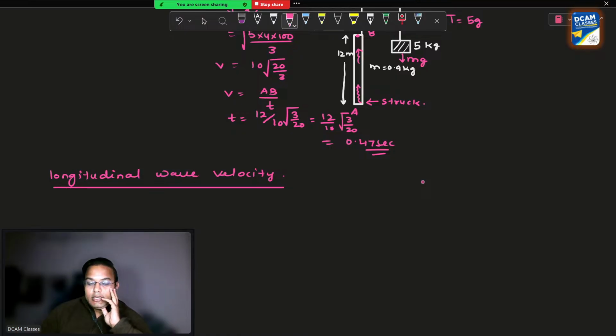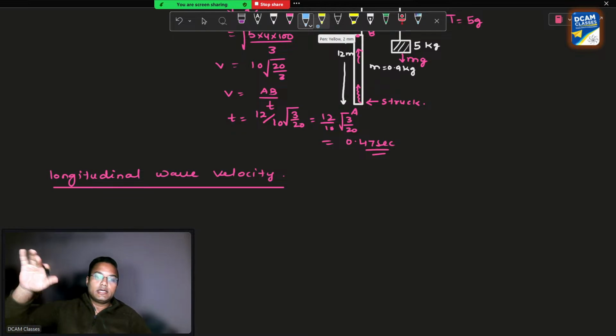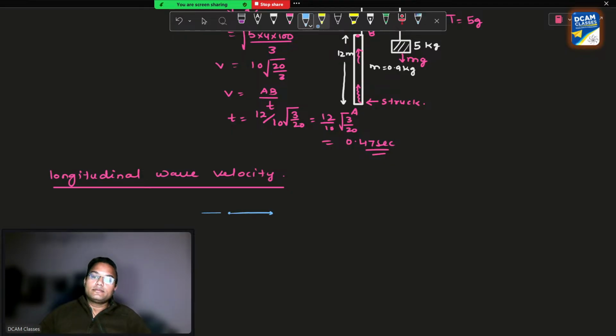What is a longitudinal wave? First you should understand what is a longitudinal wave. Like this, the transverse wave moves in crest and trough. In the longitudinal wave the motion of the particle is horizontal. It moves to and fro, SHM motion is there, but the particle motion will be front and back. In the transverse wave, the motion of the particle was perpendicular to the direction of motion of the wave.